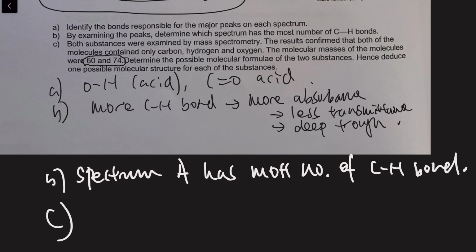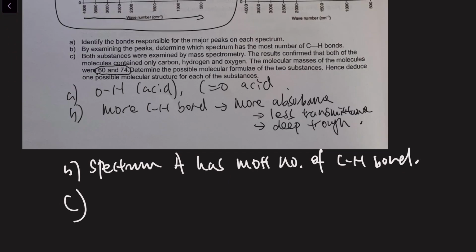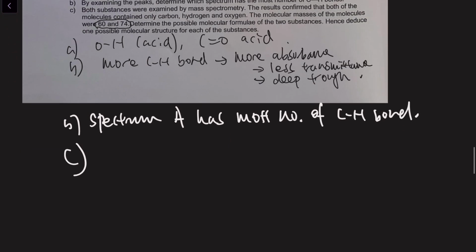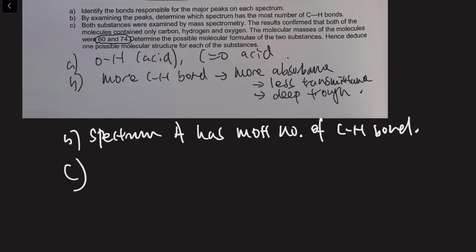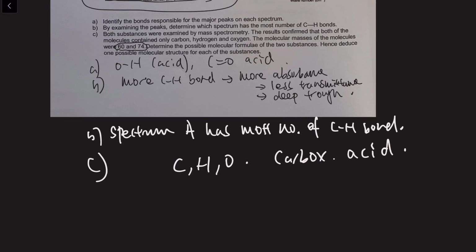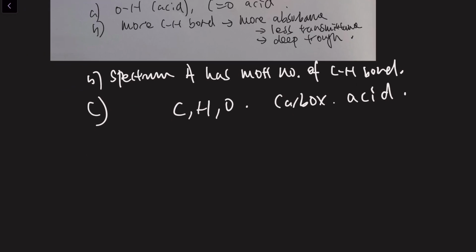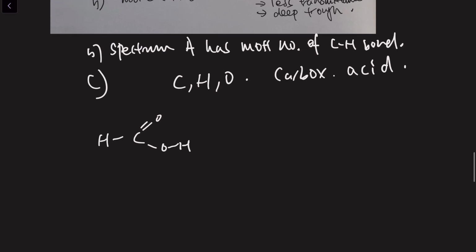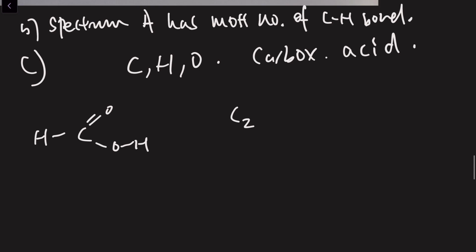And then for question C, determine the possible molecular formulas for these two substances. It contains only carbon, hydrogen, oxygen, and we know it is a carboxylic acid. So what is the general formula for carboxylic acid? Let's have a look. For methanoic acid, it is CH2O2.